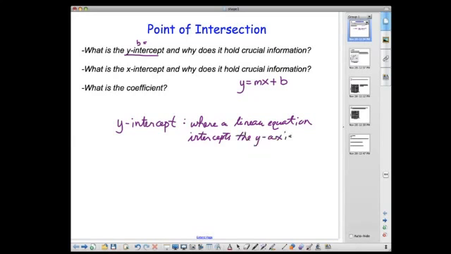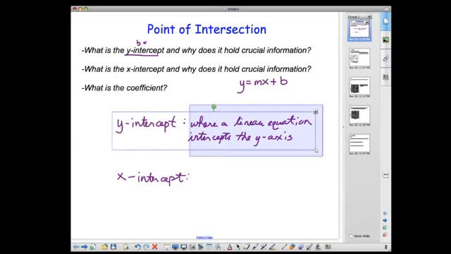And the word intercept really means where the line crosses the y-axis, wherever it passes over the y-axis. So it makes sense that if we're looking at the x-intercept, we're thinking about wherever a linear equation crosses the x-axis.